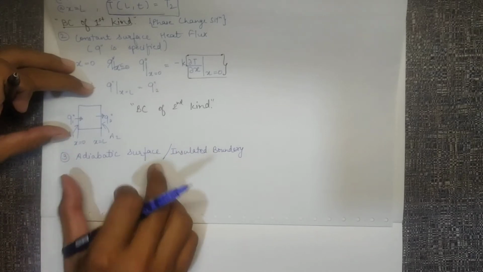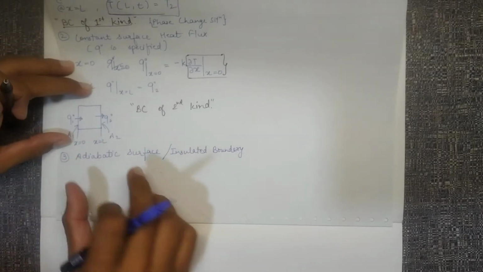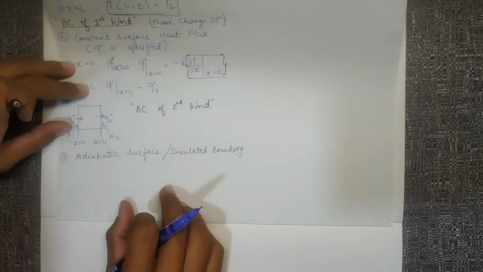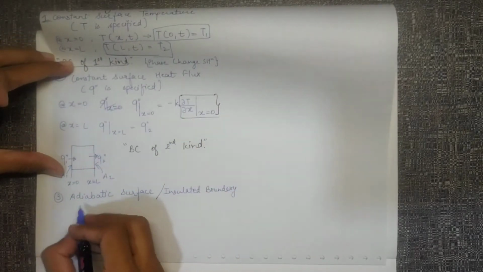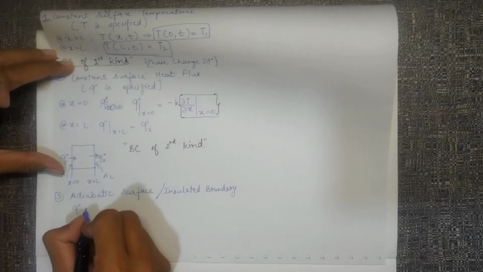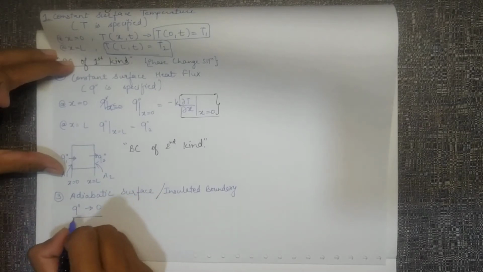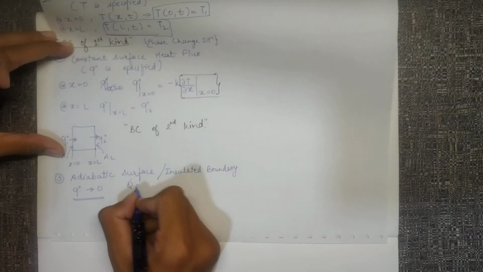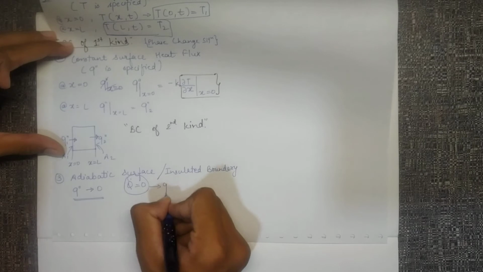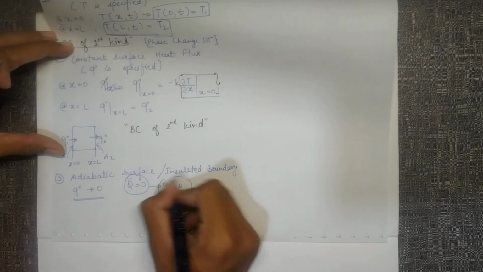Adiabatic surface may be written, but physically adiabatic surface means it is an insulated boundary. That means the specific value of heat flux which we saw in the previous case goes to 0. Insulated means there is no heat transfer. Heat transfer means q dot is 0. Since q dot is 0, the heat flux q double dash is also 0.